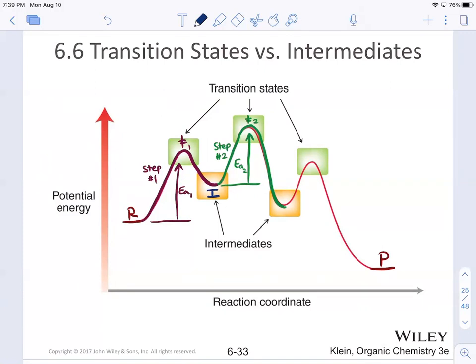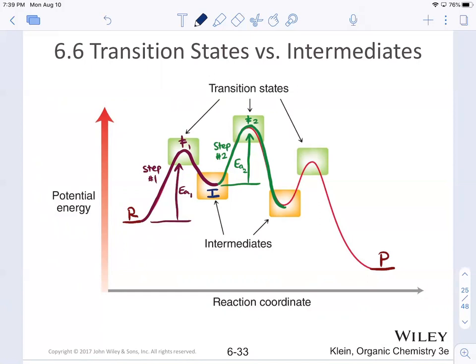The transition states are the hilltops in between those for those two steps. The two hilltops, they're maximas, right? They're energy maximas. They're the energy required to get over the hill, to proceed the reaction. Transition states are not isolated molecules. They're the in-betweeny.